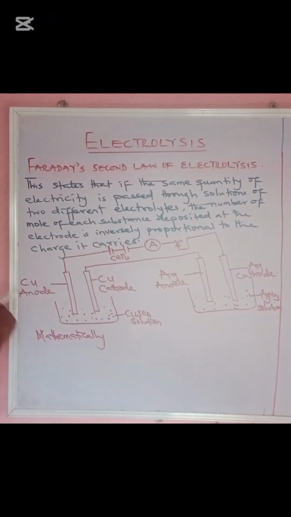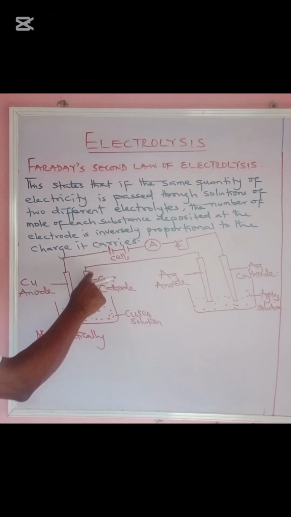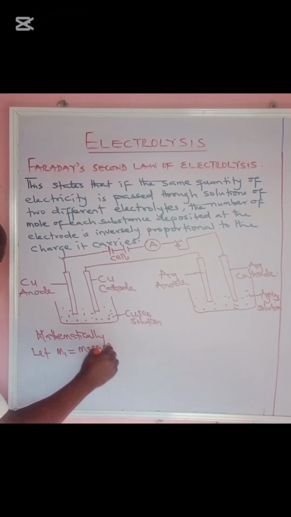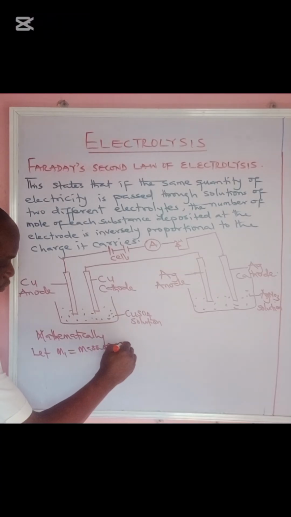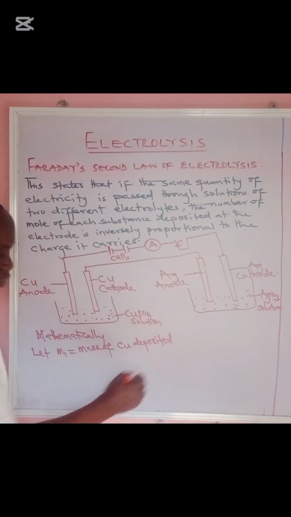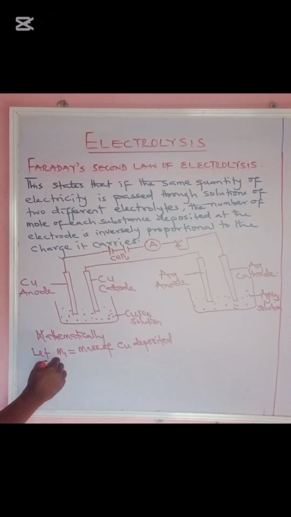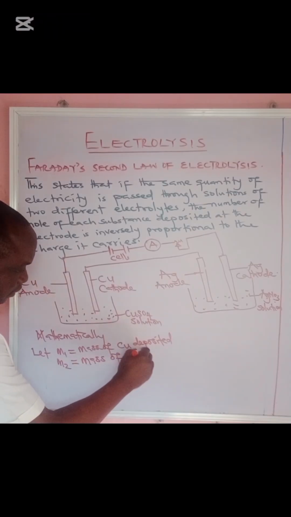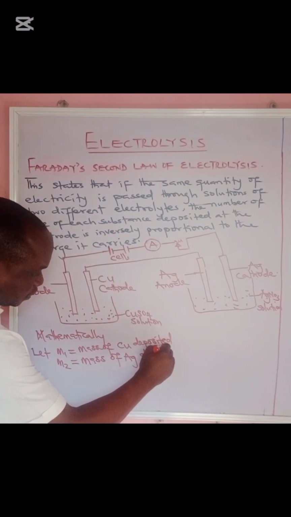So the number of moles of copper deposited at the cathode, let M1 be the mass of copper deposited. M2 to be mass of silver deposited.